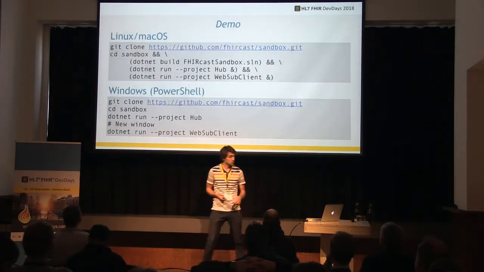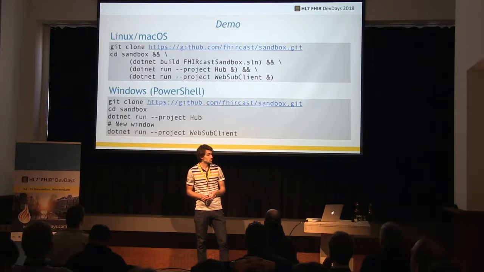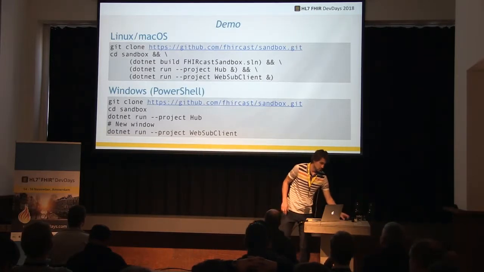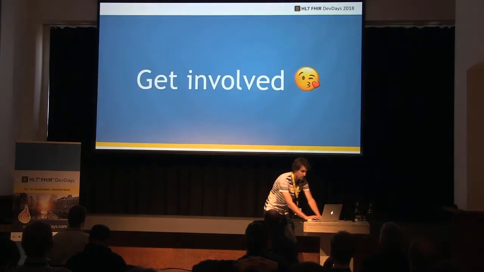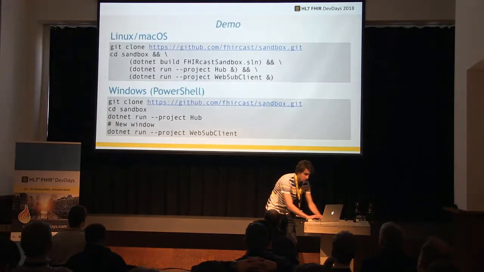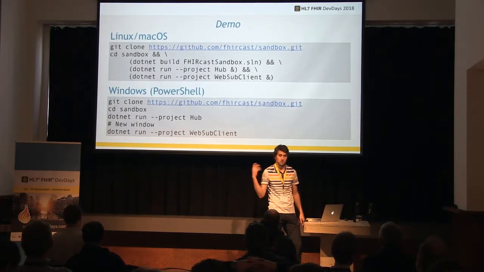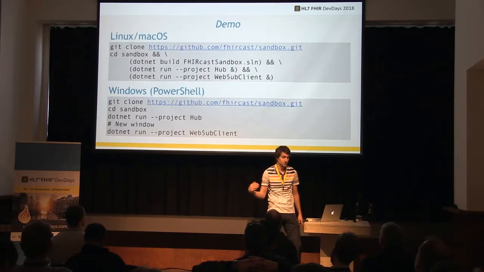And I'm actually going to try and show you some of this as well, to get a little bit more concrete in how this could work. So here is what you can do in order to get the .NET sandbox up and running. It's fairly simple.